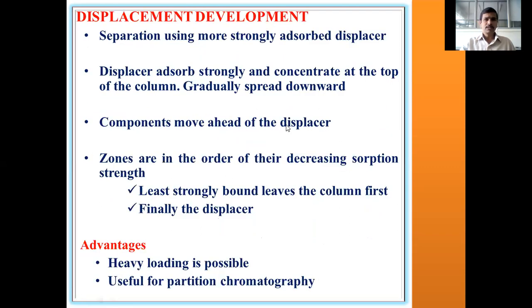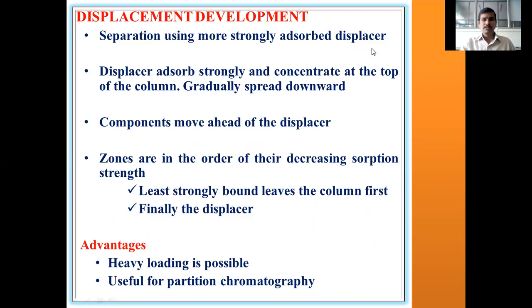And the third one is the displacement development. In displacement development, we use a displacer, which has a greater ability to adsorb over the surface of the stationary phase. It is introduced along with the sample into the chromatographic column, and the amount of the displacer is present at a very high level.